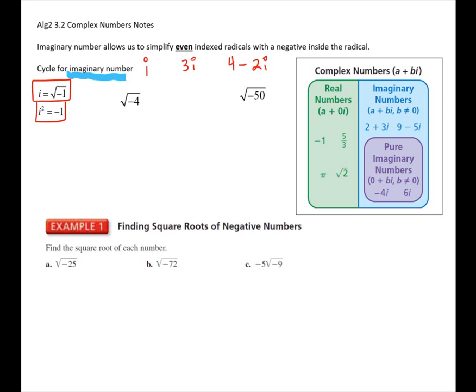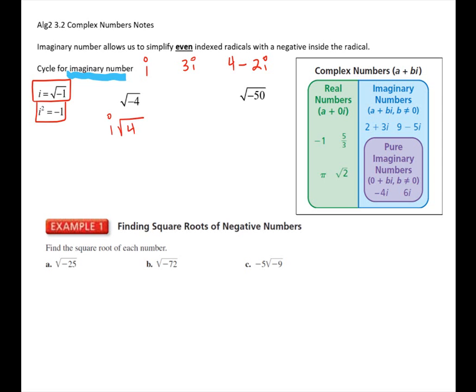Before, when you had a square root with a negative on the inside, you just left it like that and said there's no solution. Now, when you recognize that the square root has a negative on the inside, you put the letter i on the outside and it makes the number on the inside positive.